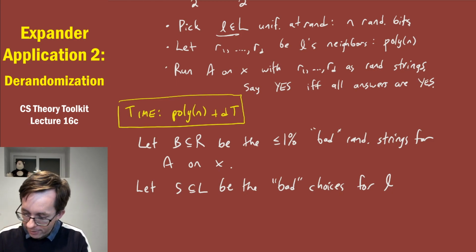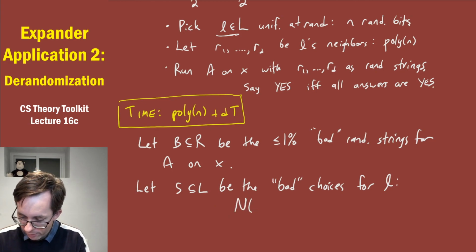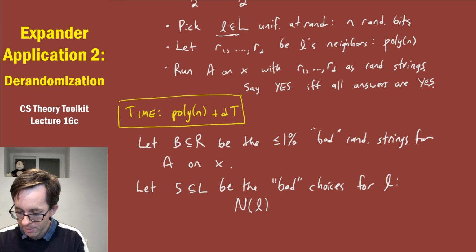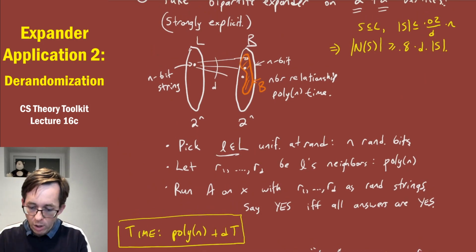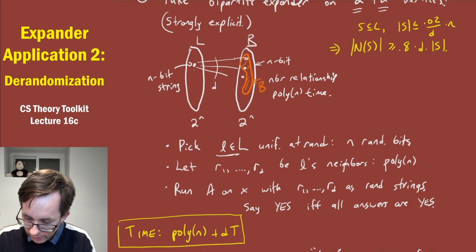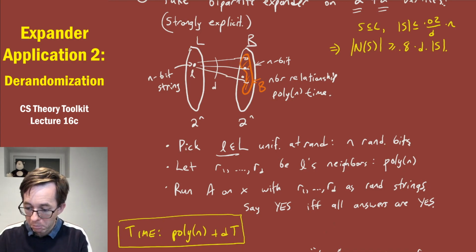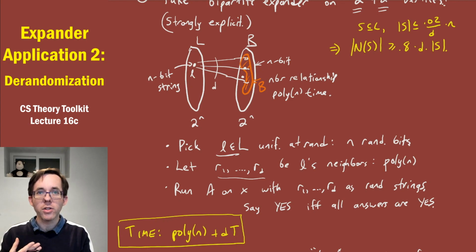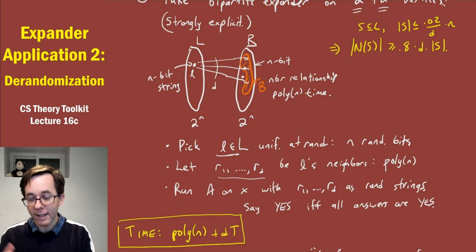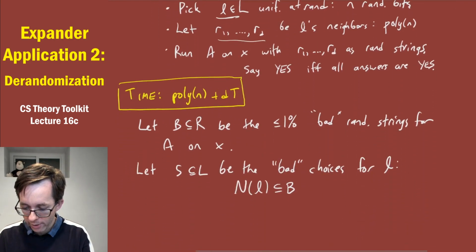It means that the neighborhood of this vertex L is a subset of B. Because when do things go really wrong? It's when you pick a vertex like this L, all of whose neighbors are in the bad set B. That seems quite rare, because in that case, all your random strings R that you use will fall in the bad set B. Remember, those are the strings that cause A to incorrectly say yes, even though X is a no string.